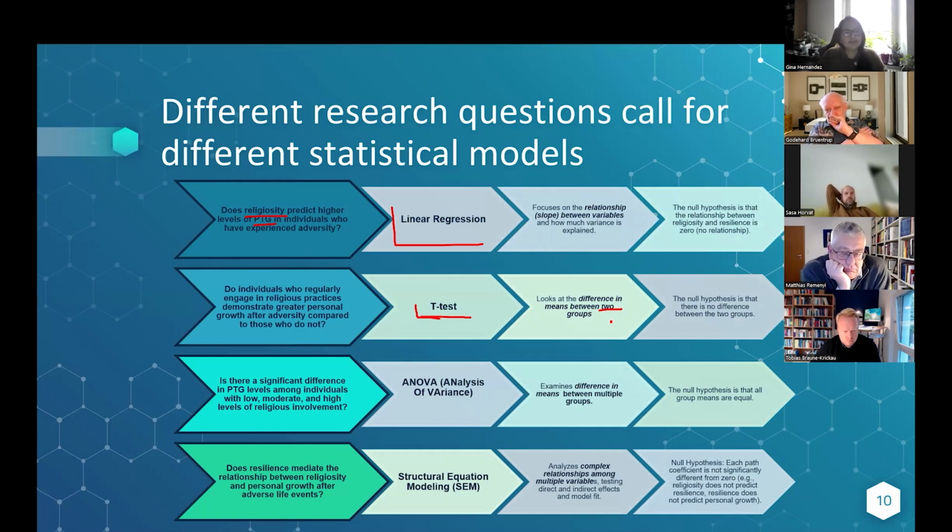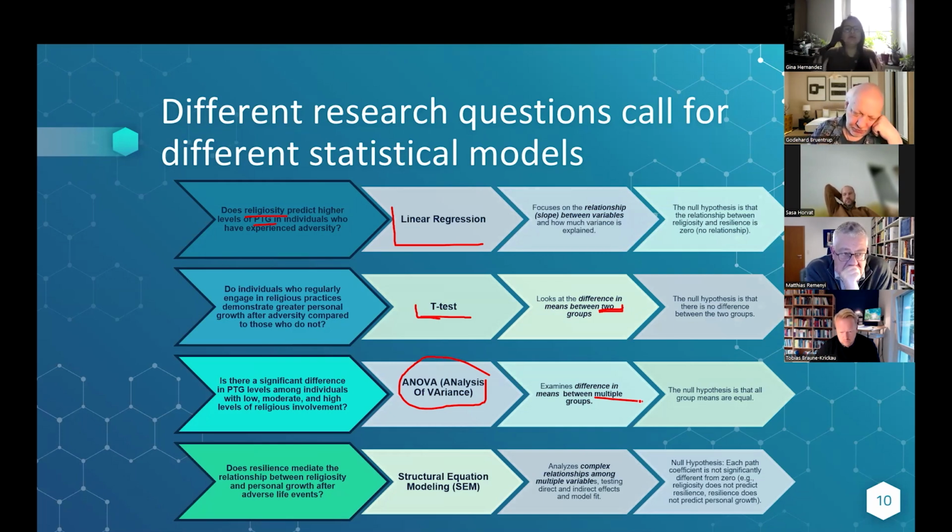If you have 3 groups, then you cannot use t-test anymore, because it's up to 2 groups. If you have more than 2 groups, then you have to use an ANOVA. So ANOVA is looking at the same thing that the t-test, but between multiple groups. So I am just telling you this for you to know why we use different statistical models depending on the research question that we have, okay?